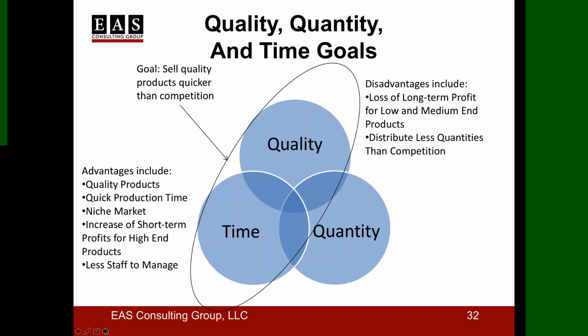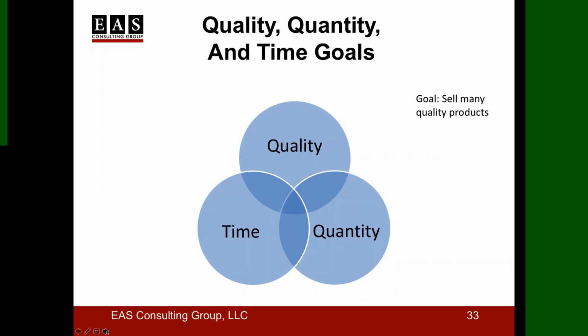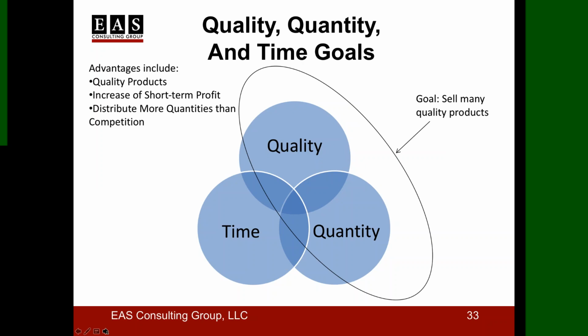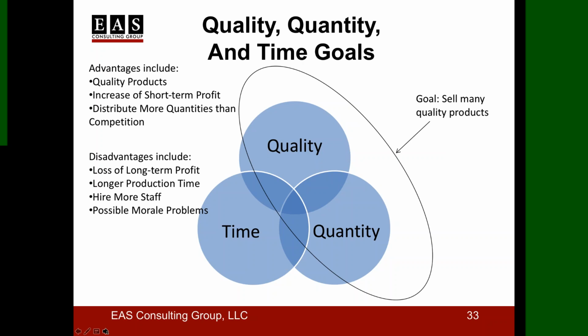And here are the advantages, and here are the disadvantages. The other one is to sell many products, and then it's quality and quantity. Here are advantages, and here are disadvantages. So you see, from those 3, you're not getting all 3 of those, you're getting 2 of the 3.